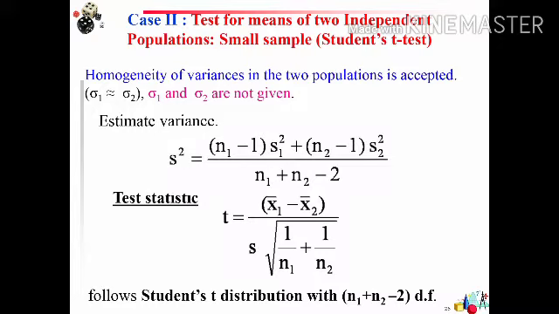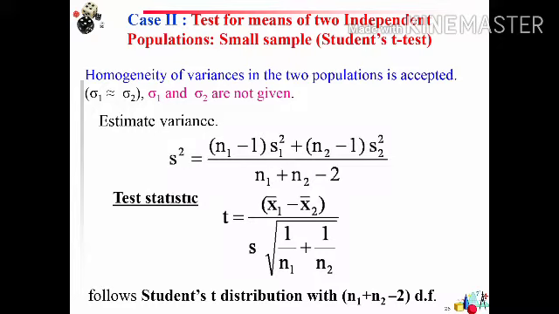s squared equals n1 minus 1 into s1 squared plus n2 minus 1 into s2 squared, divided by n1 plus n2 minus 2, where s1 squared is the sample variance of population 1 and s2 squared is the sample variance of population 2.